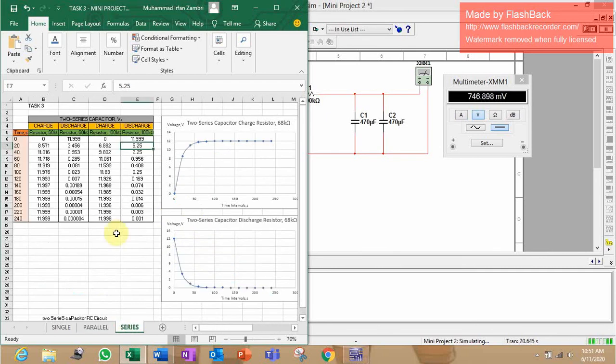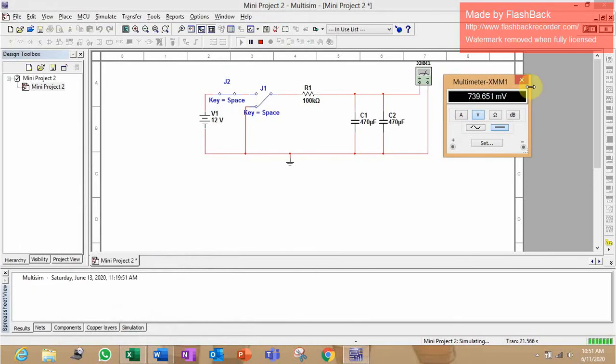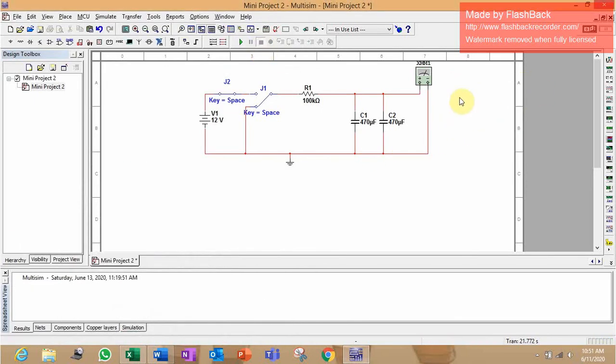And right now I'm going to show the two series capacitor. For the two series capacitor, the capacitors need to be connected in series.